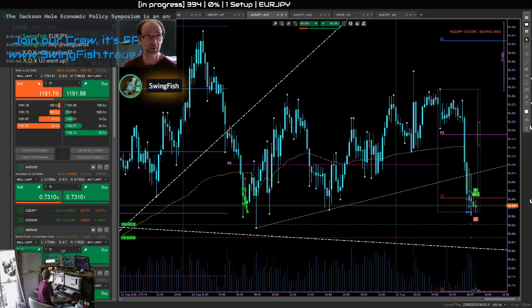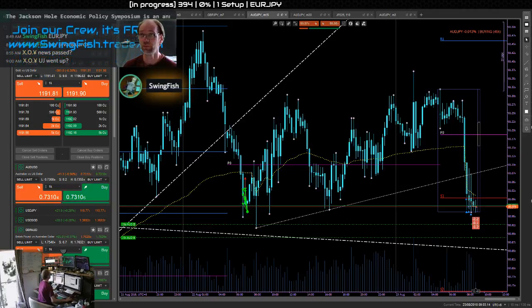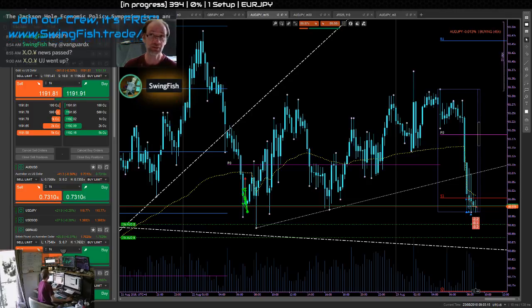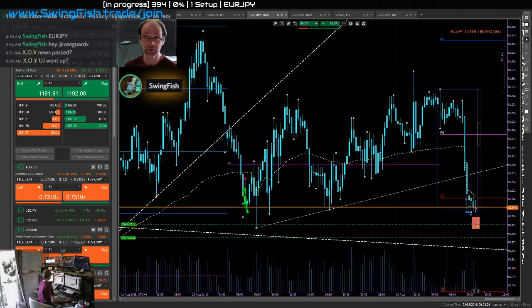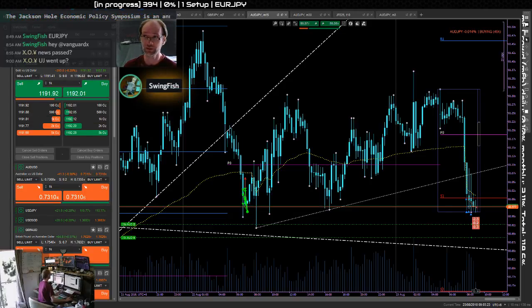Because the dollar has a greater force now. But usually at this time of day, the Japanese make the rules. But this is just right now not the case. That's what's still strange right now.